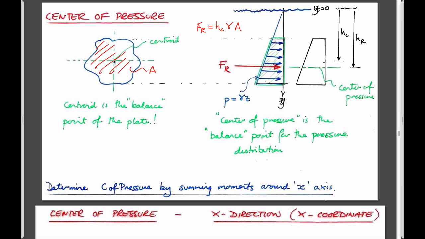If this is the centroid, and this is the surface of the water above here, then this would be H sub C. H sub C is always the vertical depth, not the in-plane length. Always the vertical depth.